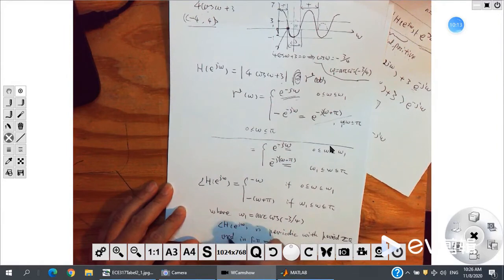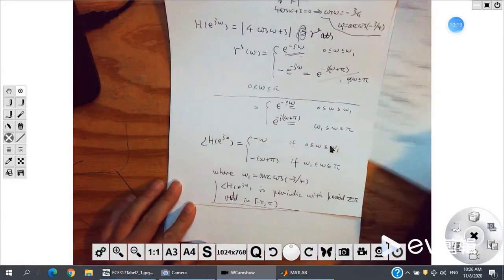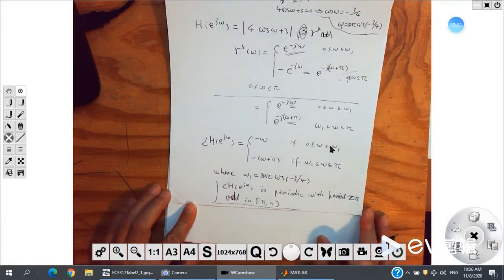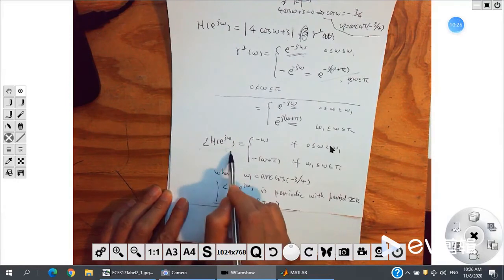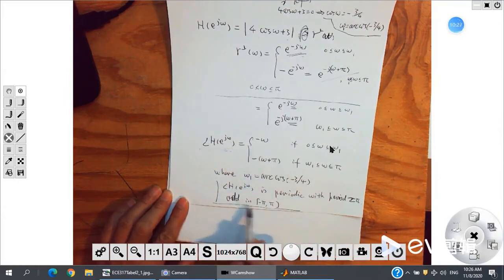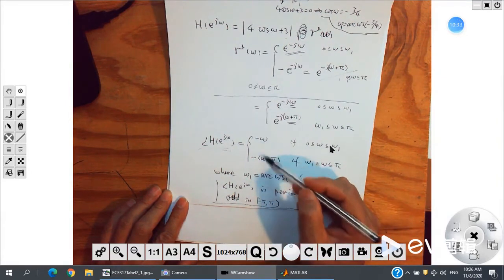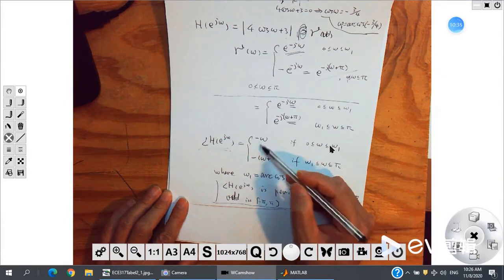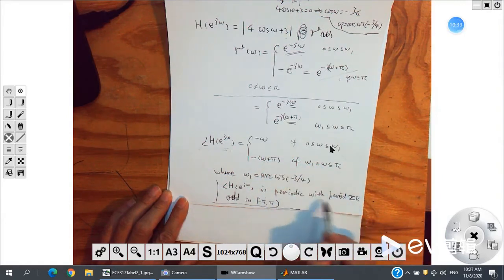It's an odd function. Alright, so now we know what this function is. It is odd in negative pi to pi, and from 0 to pi we can describe it in this way, and it's periodic with 2 pi, so every 2 pi it will repeat.